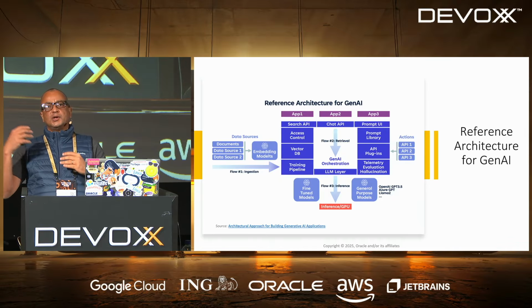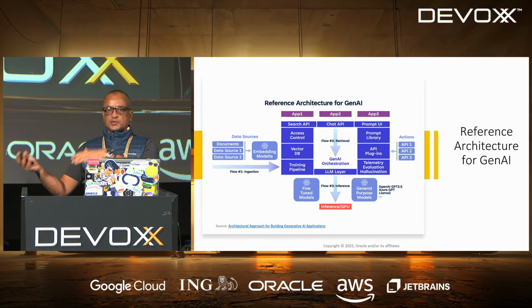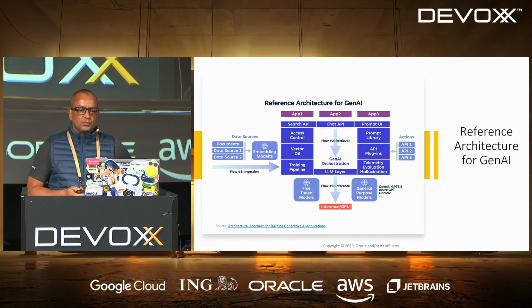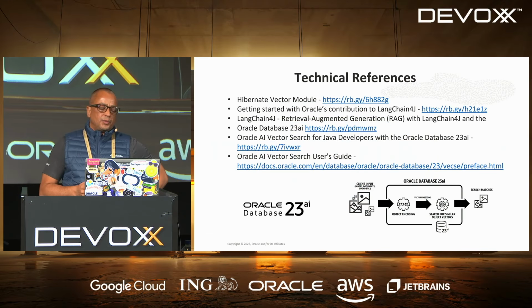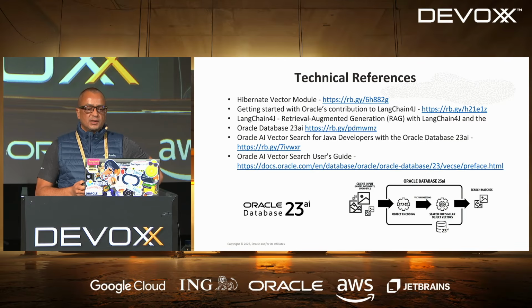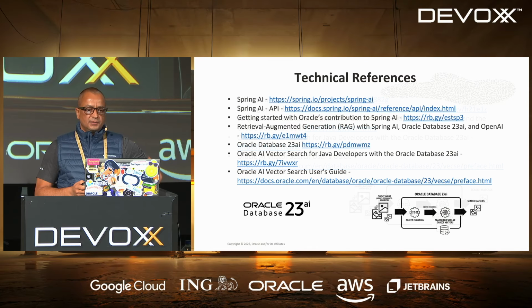But as we start to deploy more and more solutions, inference possibly will become the main workload, okay? Again, all the blog posts and the technical refs are available for you, okay? So you can access them and explore what I presented here.